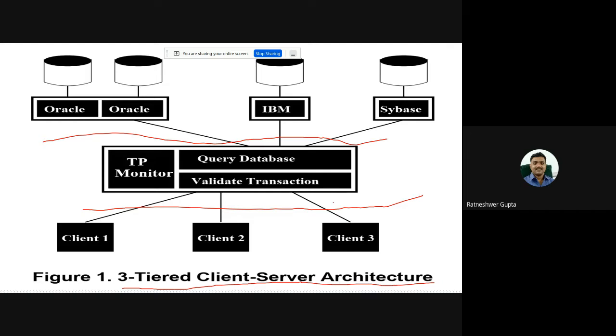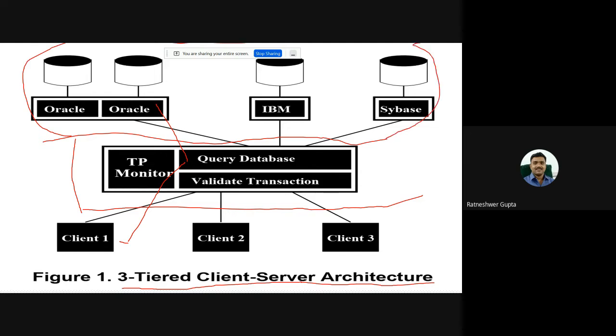If you take a very simple example of a railway reservation system, you make the reservation from the client side. The query is processed, and if we have to extract some data, the data can be extracted from the database. So you can see there is a complete separation between all three layers: the client layer as a separate phase, query processing in a different phase, and the database as the third layer.